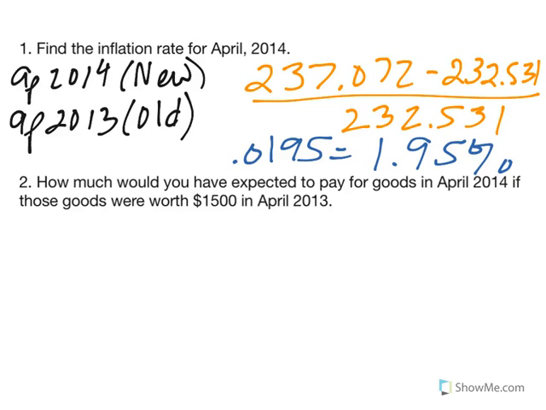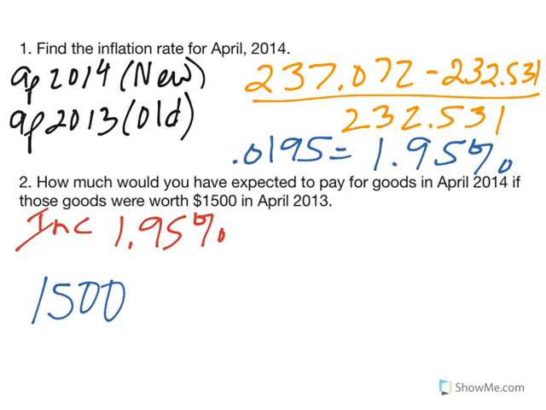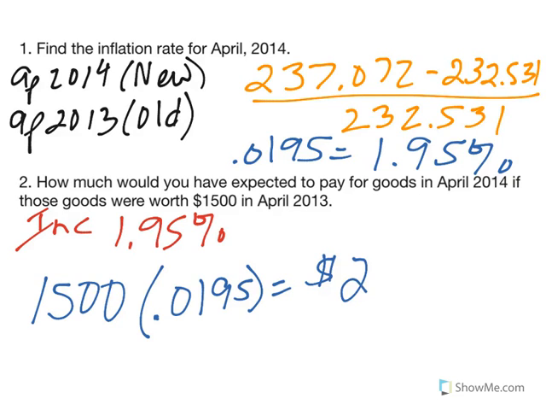Well, we know that there was an increase of 1.95%. So if I take the value of the goods in April of 2013 and multiply by my increase, that means my amount of increase was $29.25. Right? So that's the amount of increase. So how much did they cost total?